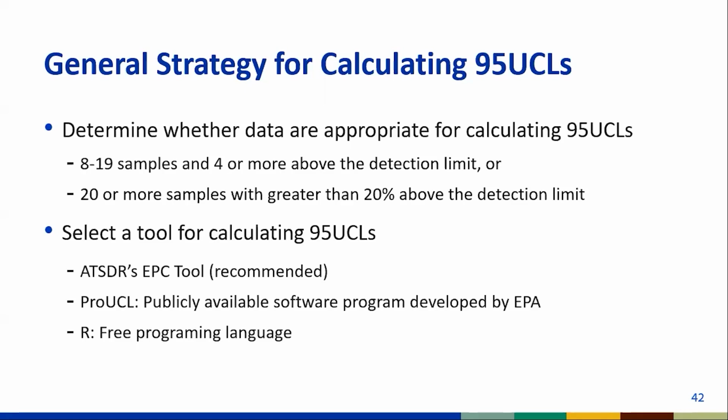The guidance features decision trees or flowcharts that outline manual steps for calculating 95 UCLs across various dataset types using both tools. However, due to the manual process involved, ATSDR strongly encourages health assessors to use its EPC tool, which again automates the calculations following the EPC guidance.